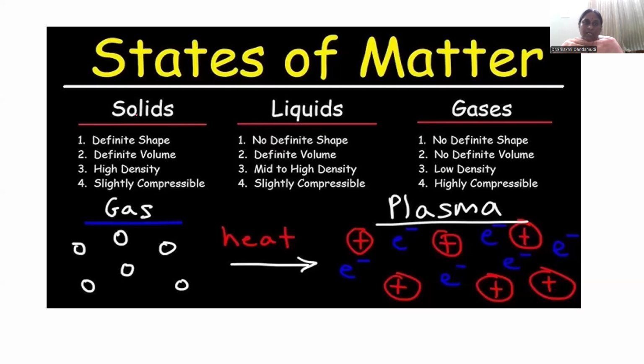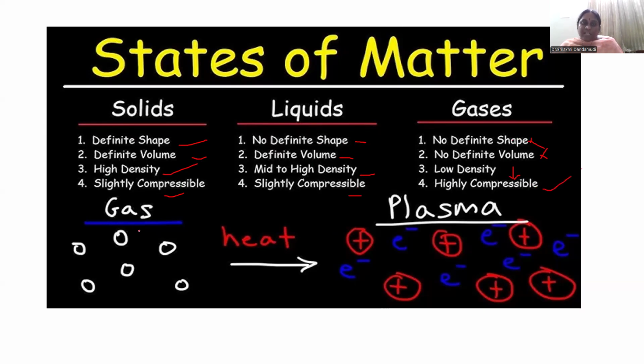See, solids have fixed shape and volume, high density, and are slightly compressible. Liquids have no definite shape, but a definite volume, with mid to high density, and are slightly compressible. Gases have no shape, no volume, very low density, and are highly compressible.